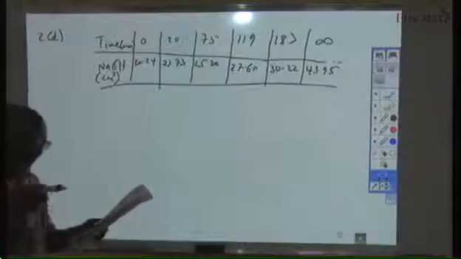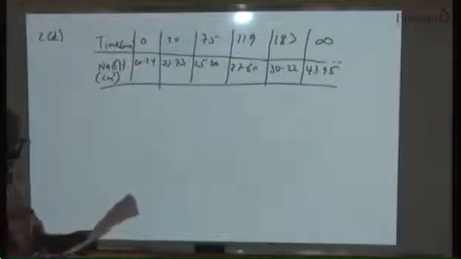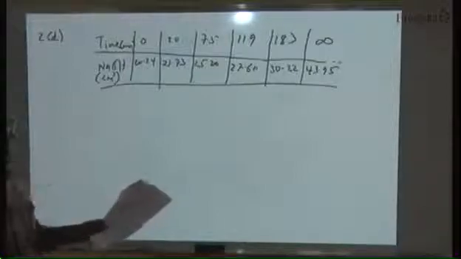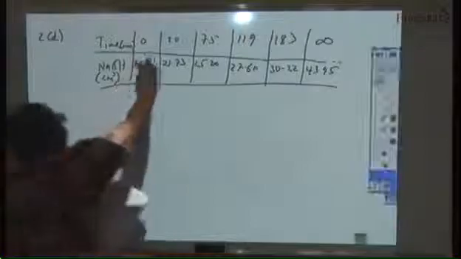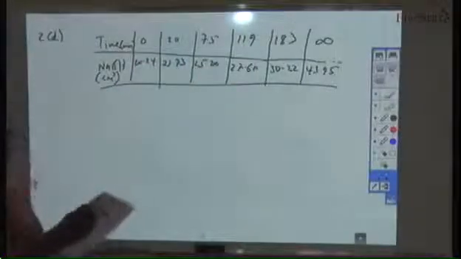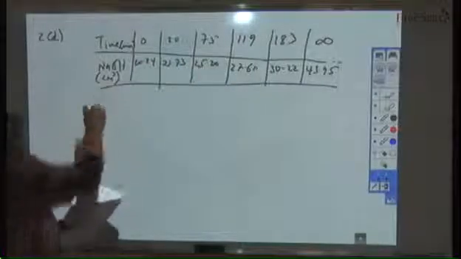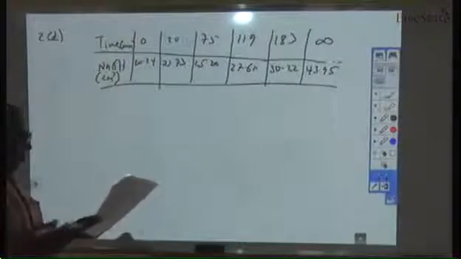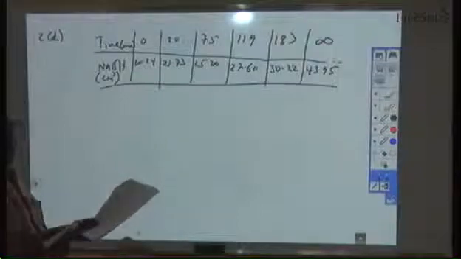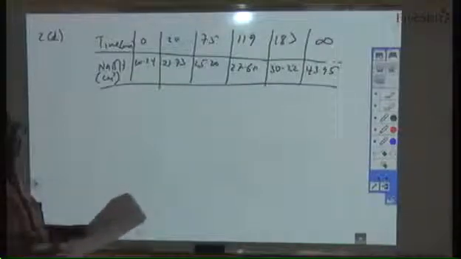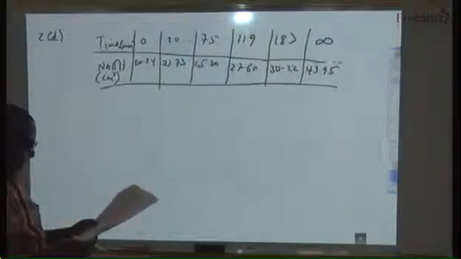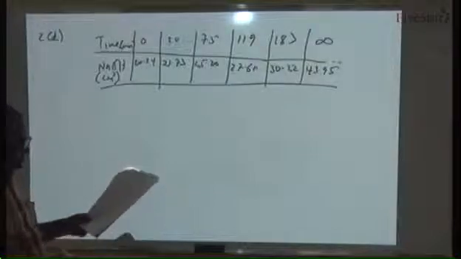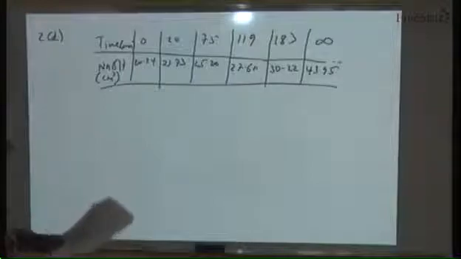So it is a reaction which was being withdrawn at various intervals and titrated against sodium hydroxide. In other words, what was being monitored is the amount of hydrochloric acid which are still present in the reaction mixture. If the reaction is first order, calculate the rate constant.